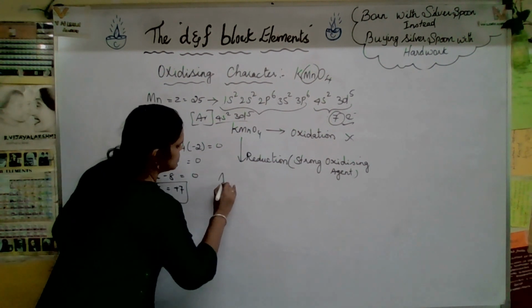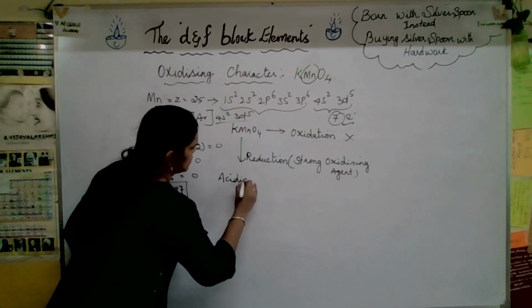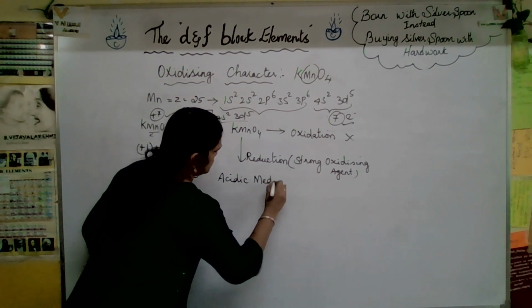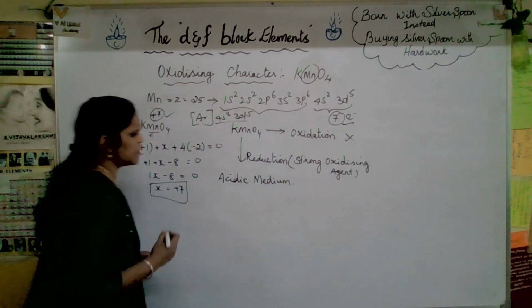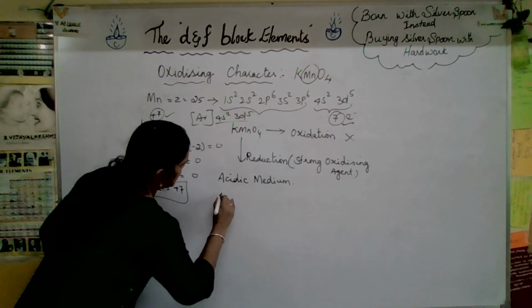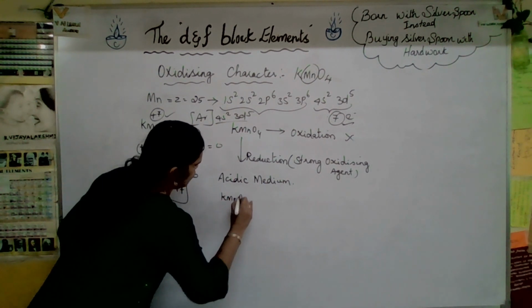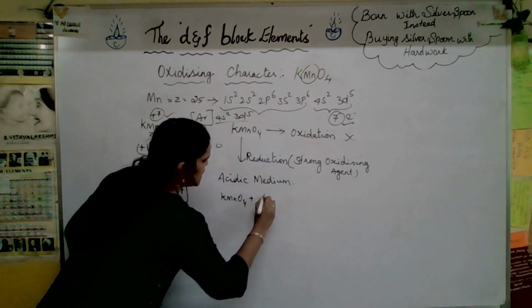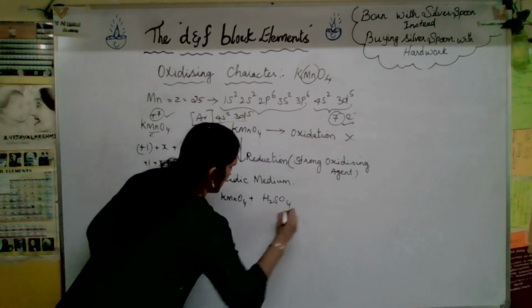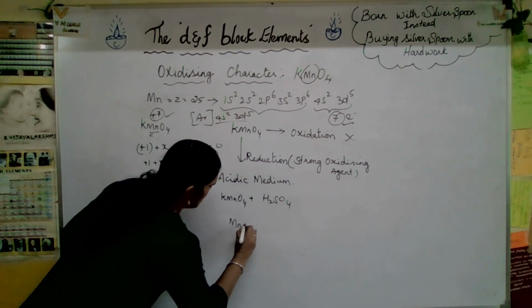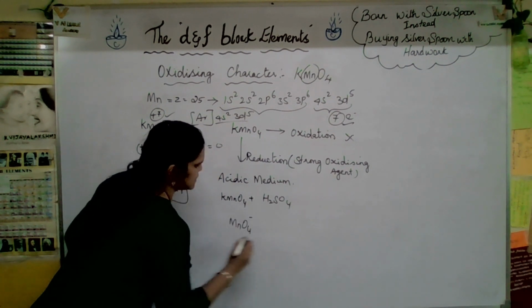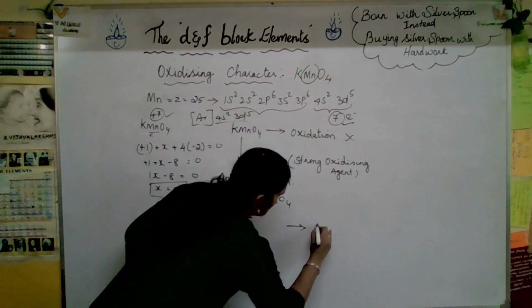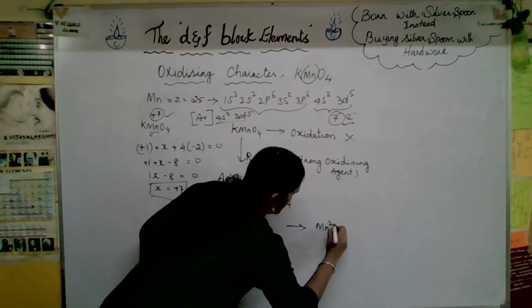Now, first and foremost, acidic medium. Okay, acidic medium, what happens here? KMnO4 plus H2SO4. I just mentioned here MnO4 minus gives Mn2 plus.